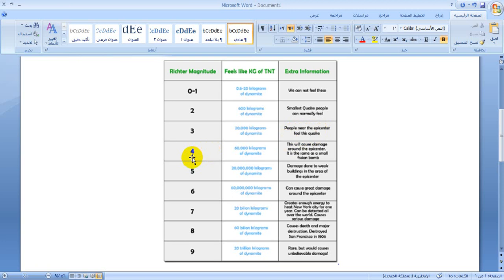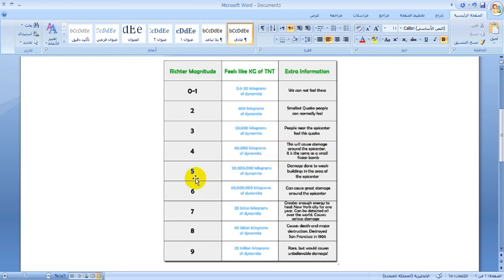While if the number was 4, it is equivalent to 60,000 kilograms of dynamite. This will cause damage around the epicenter. It is the same as a small falling bomb.